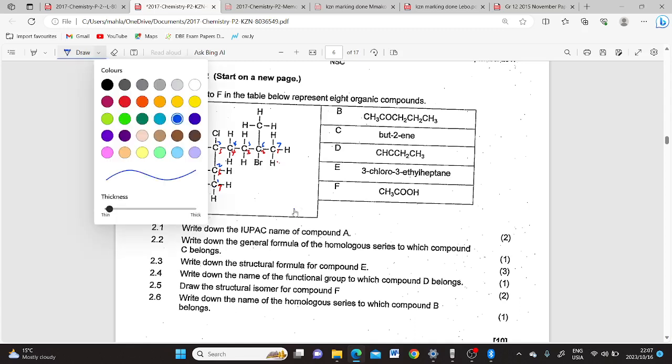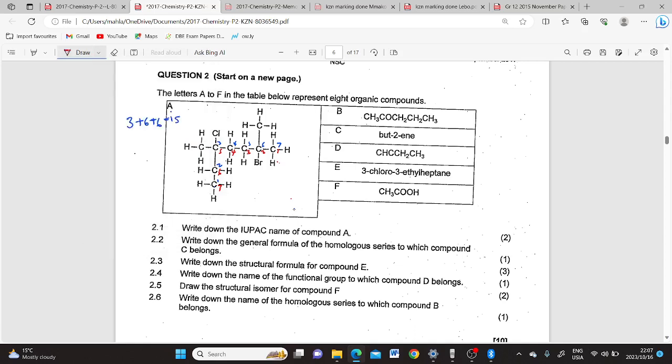Now let's calculate the red ones. So the red ones will have 1, 2. At 2 we have branches, the bromo and the methyl. So we're going to have 2 plus 2, and then now we move on to 3, 4, 5.